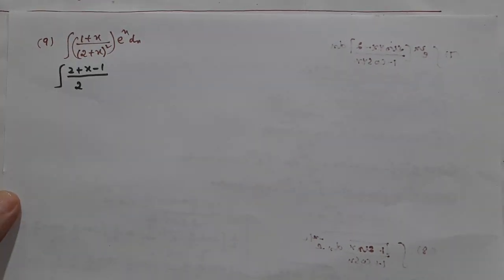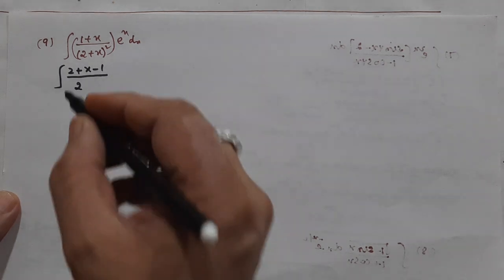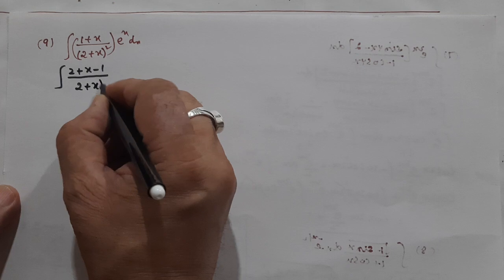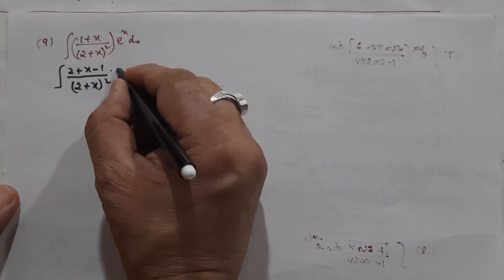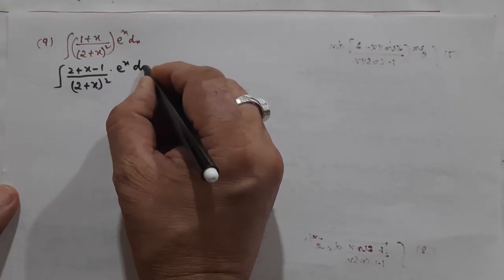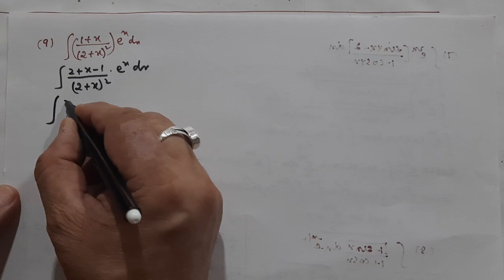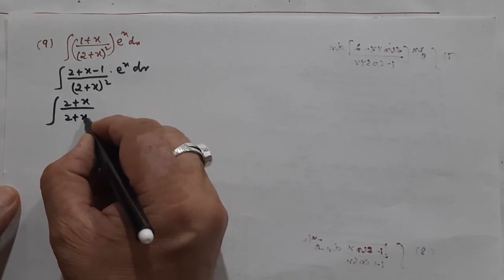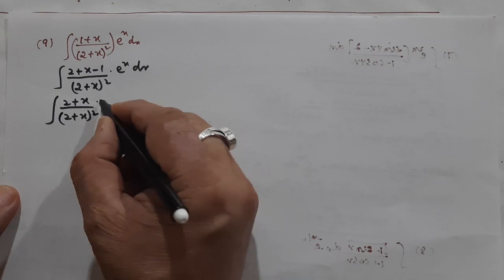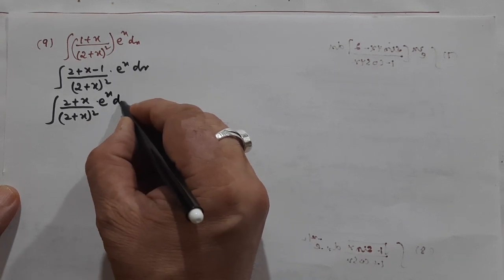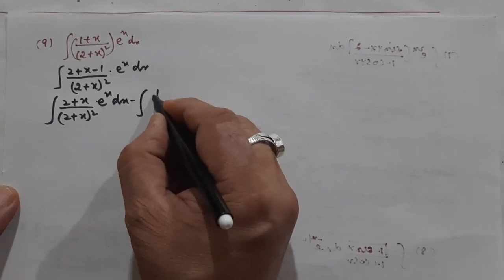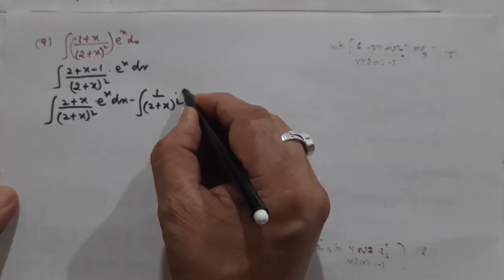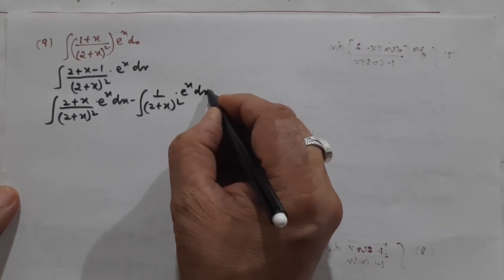Now, writing 1 plus x as 2 plus x minus 1, upon 2 plus x whole square, into e power x dx. Now separating the terms, 2 plus x upon 2 plus x whole square e power x dx minus 1 upon 2 plus x whole square into e power x dx.